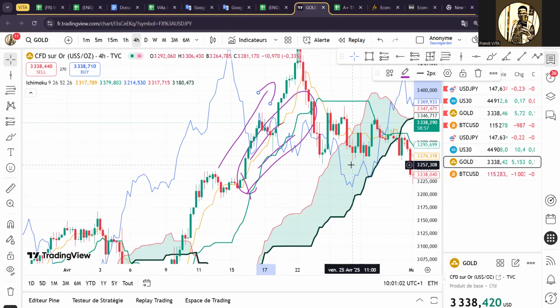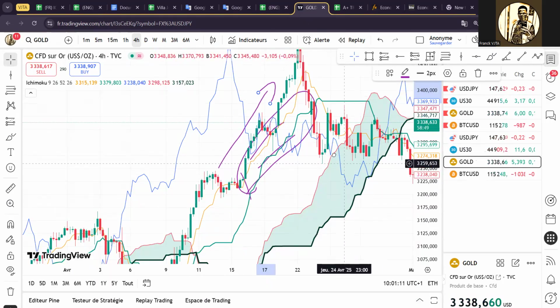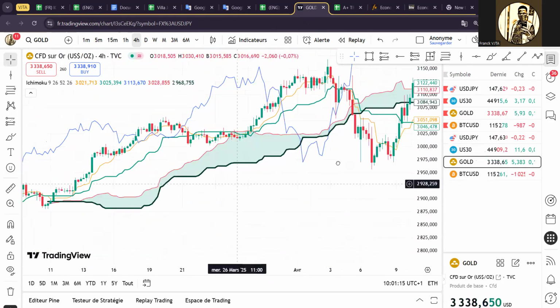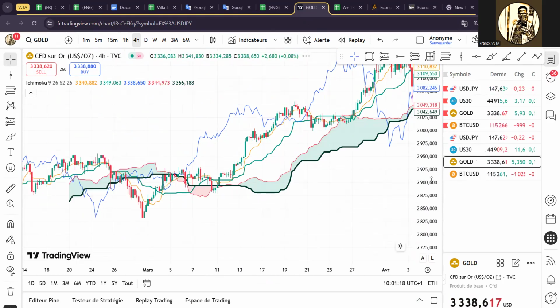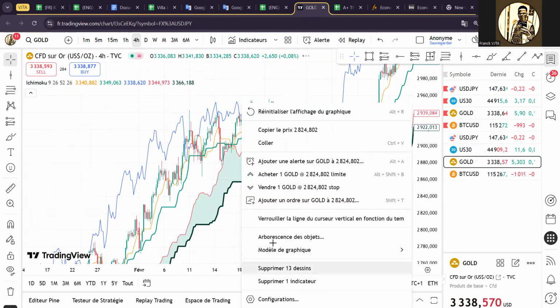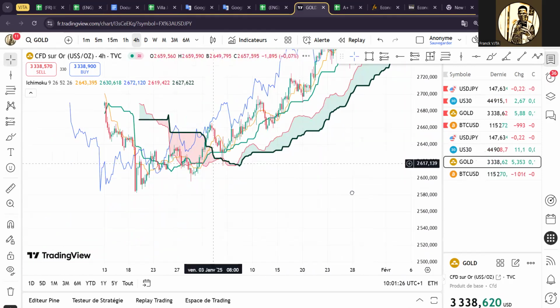Those pairs that most of the time just rise up. Then medium right. Medium right is simply like you just get out of the cloud and then you have a fat rail. Like what, for example?